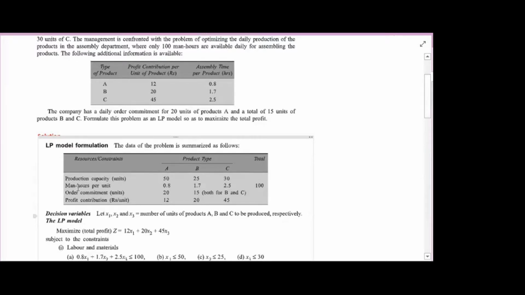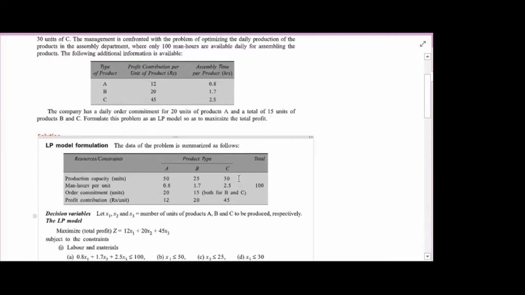So this is our production capacity. Here is man hours per unit, the time required for production of one unit, given as 0.8, 1.7, 2.5, and total man hours is 100, right? Order commitment is 20 units of A and 15 units by combining B and C both, right? Profit contribution is 12, 20, and 45. This is basically all the information given in the problem.